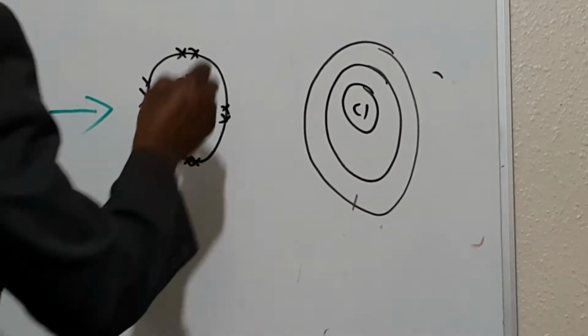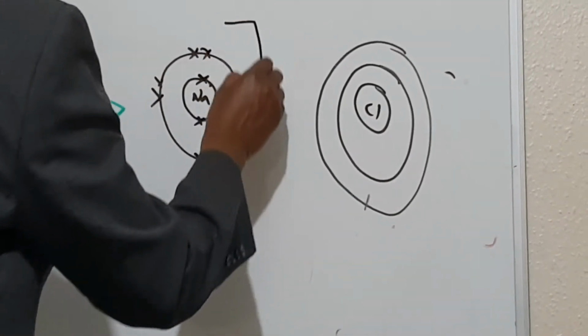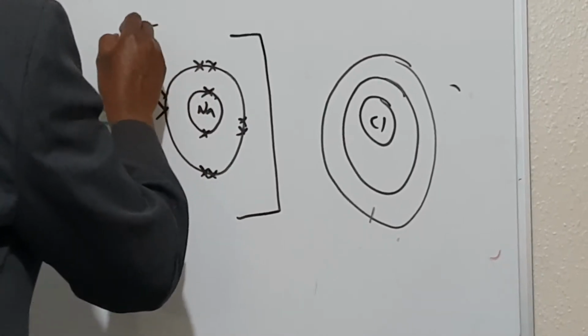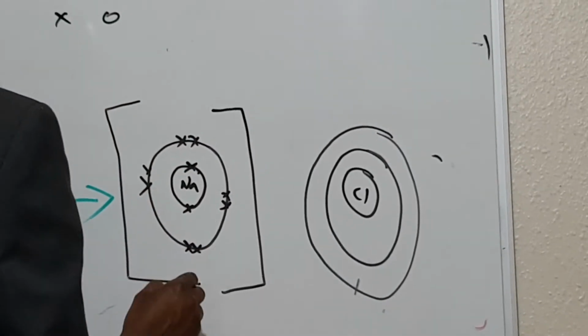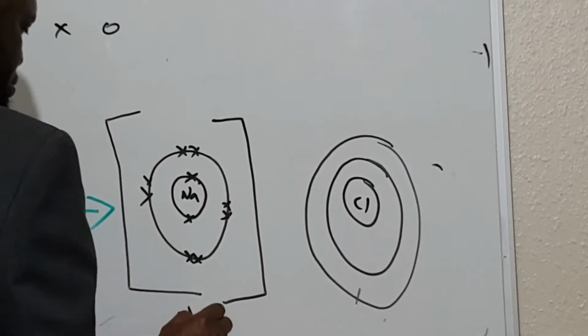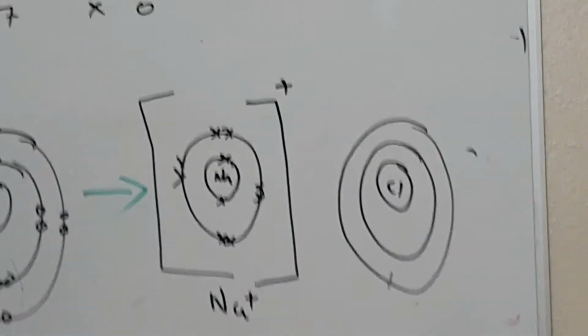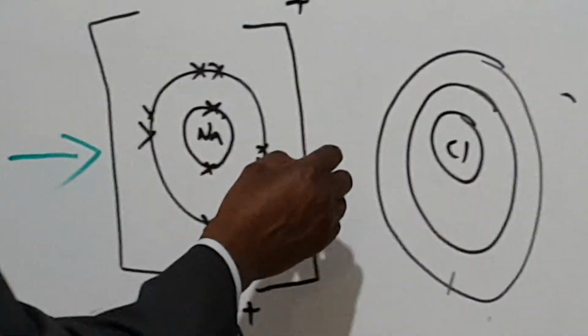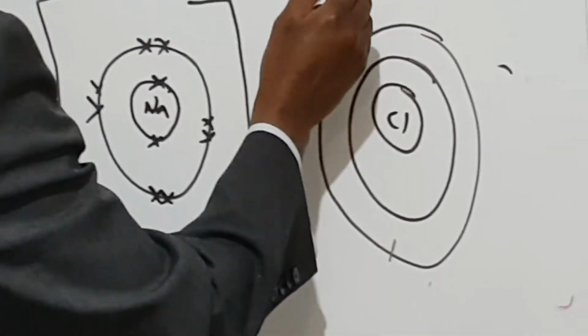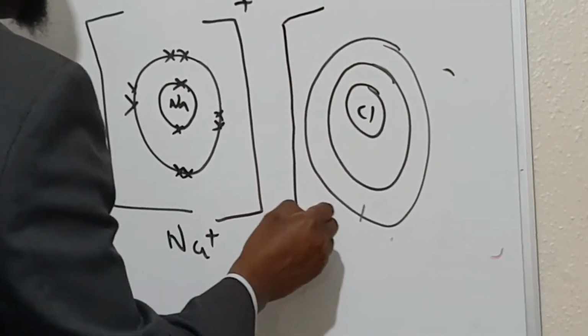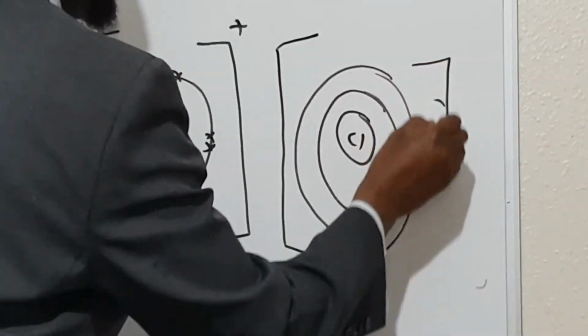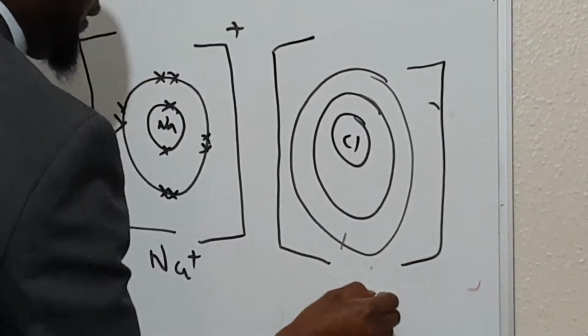Now you have to show aside, demonstrate here. This is no more a sodium atom, but it is a sodium ion. So you put your plus here, it is positive. This one is chlorine, but a different chlorine now. It is a chlorine ion.